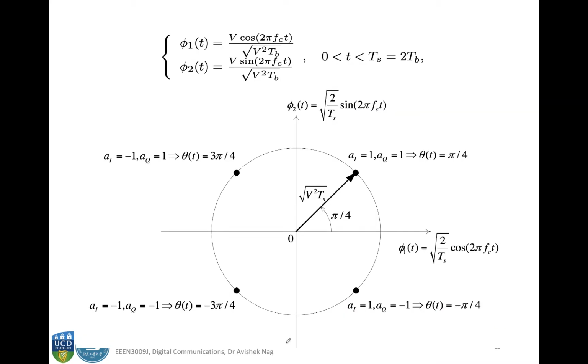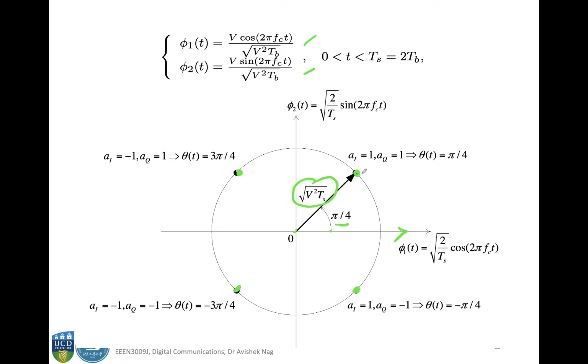And in the alternative representation also you can define the signal space like this, and you can still have the similar representation where we have 4 signals in the signal space defined by phi 1 and phi 2, and you have the distance of each signal from the origin as the square root of energy of that signal, or the amplitude of the signal, and the angle it makes with the positive direction of the phi 1 axis is the phase of that signal.